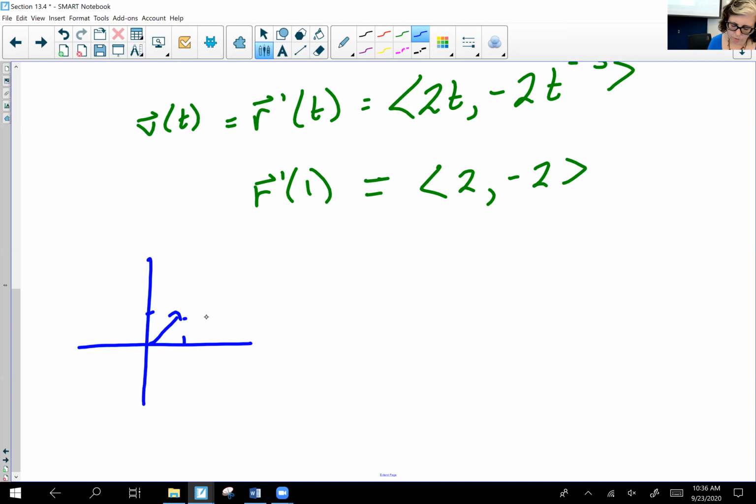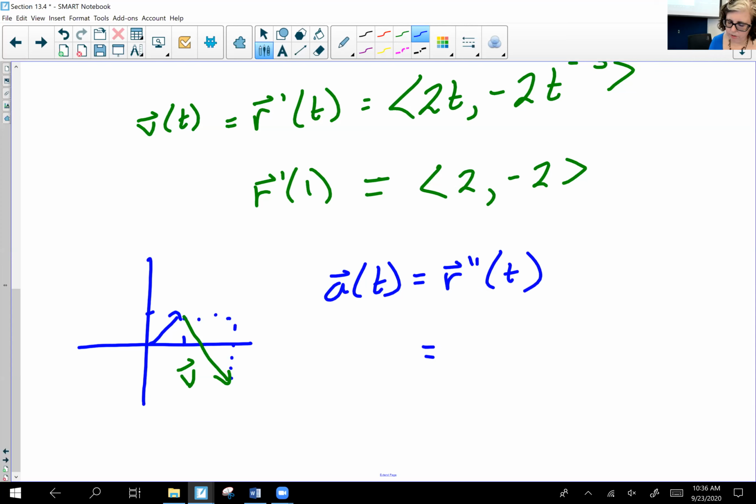So we're going to go over 2 and down 2. So my velocity vector is going to look like this. We can also figure out our acceleration vector, because that's going to be the second derivative. So that's going to be 2, and then this is going to become positive 6 t to the negative 4.